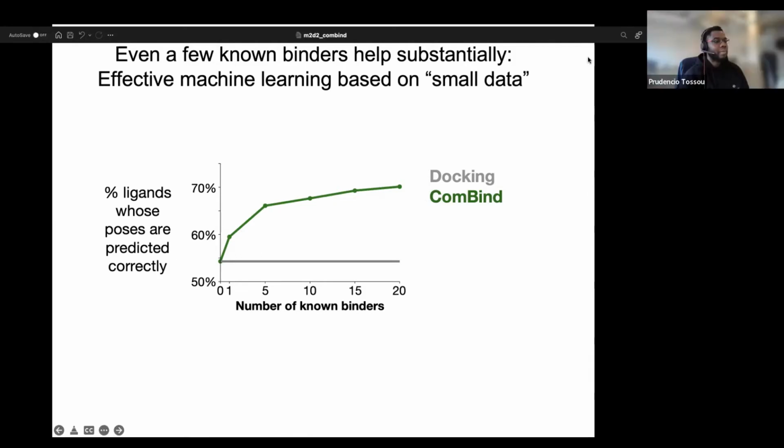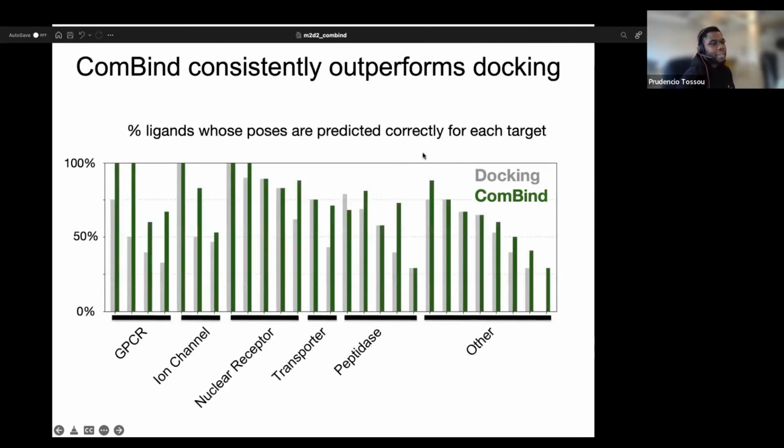Coming back to the previous figure, was there anything particular about that target that made combined worse than the classical docking method? Yeah, this is a good question.